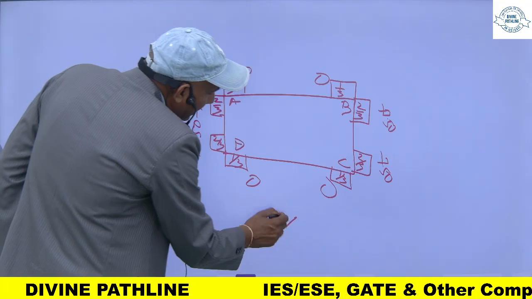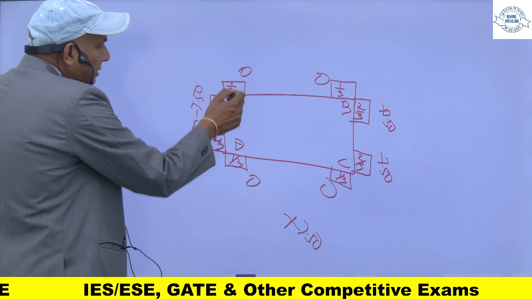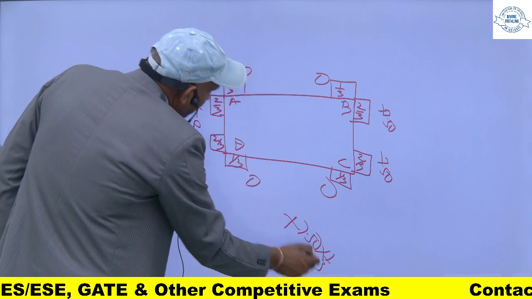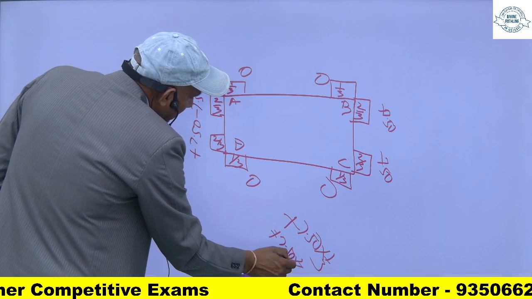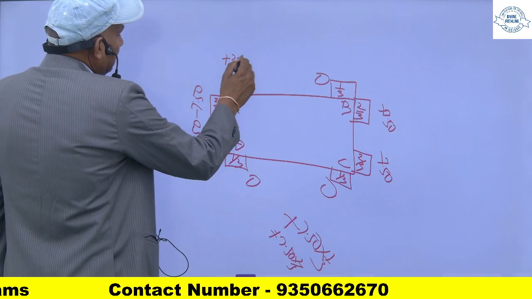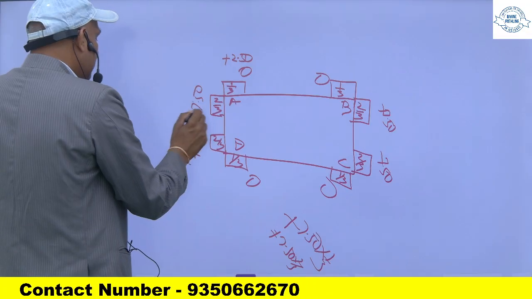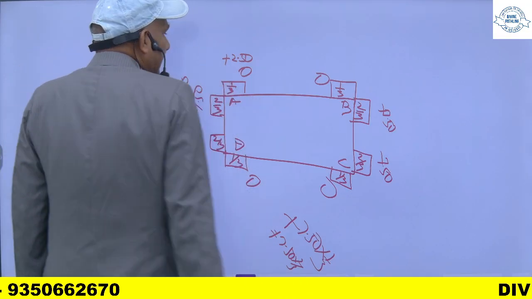I will apply a correcting moment of plus 0.75 and that will be distributed according to the distribution factor. For this it is 1 by 3 and for this it will be 2 by 3. So, this will be plus 2.50, it is plus 5. And the same here.